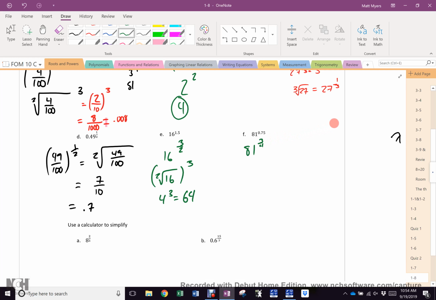It says 81 to the 3/4. All right, here we go. So what do I need? You need the index. I need the index to be 4. To what?